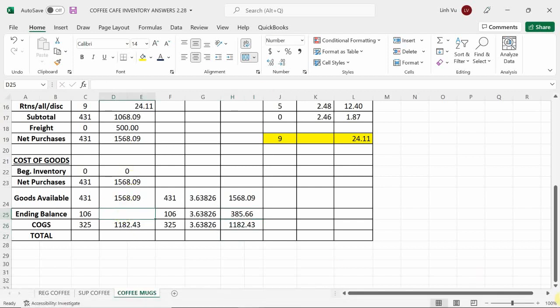Another way you could have solved for your ending balance is taking your total goods available and subtracting out your cost of goods sold, and you should get $385.66, which is also what you would get if you took your quantity of 106 and multiplied by the average cost per item. So in this case, everything pans out perfectly.